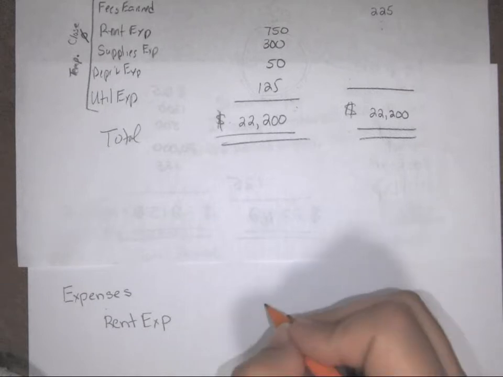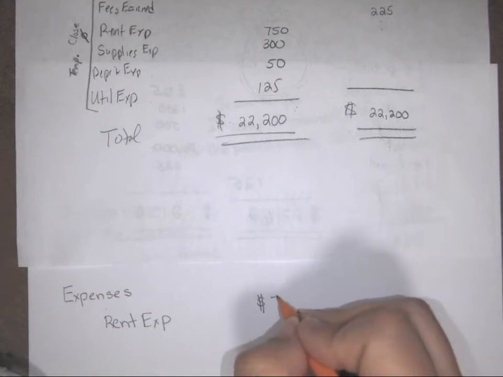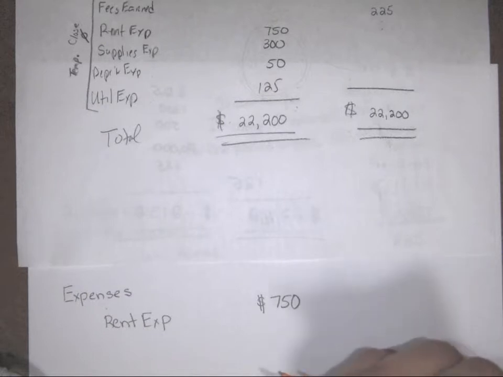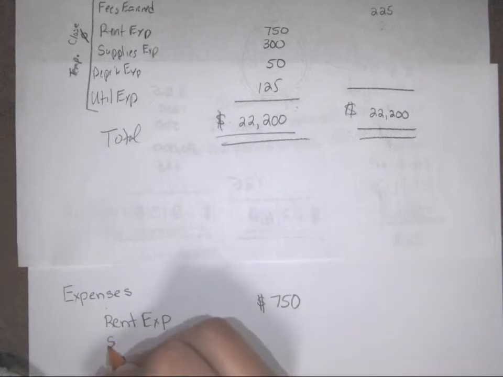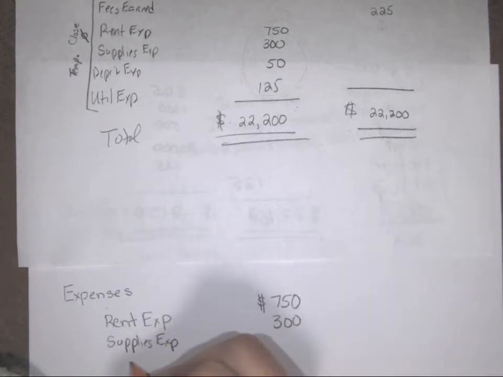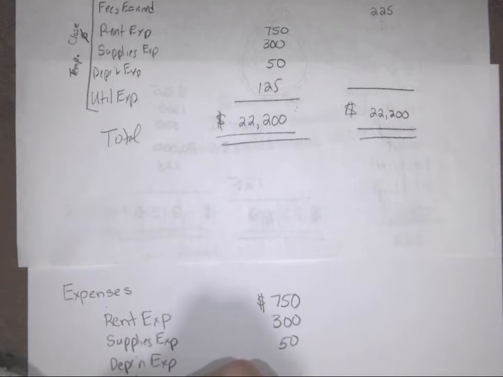I'm going to create a new column for this because I need to add items together to add or subtract from the other number. So when I create a new column, I do have to have a dollar sign, so I put that $750 with a dollar sign. I'm going to have my supplies expense for $300. I'm going to have my depreciation expense for $50, and I'm going to have my utility expense for $125.